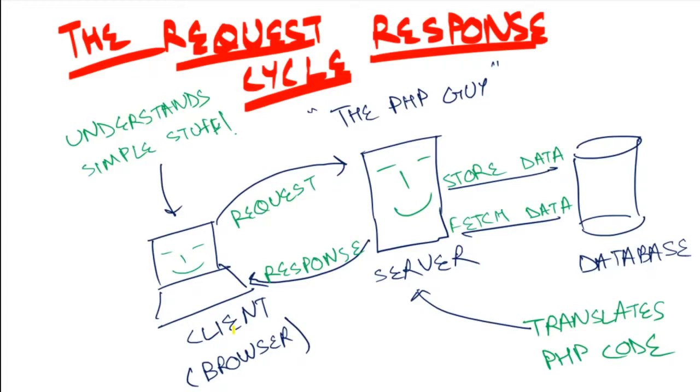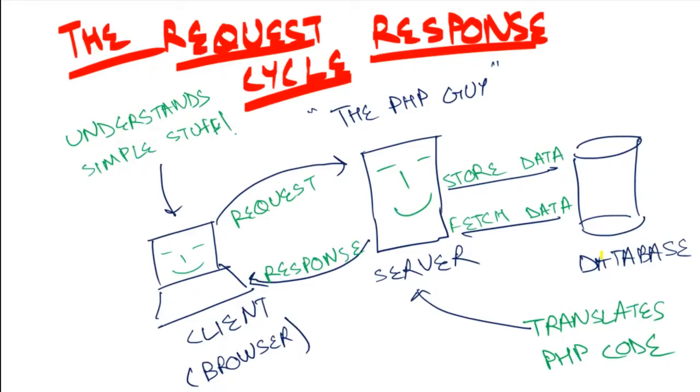But in this course we'll have to create this entire framework on our systems, so that we can develop PHP code locally. And what I mean by that is we're going to have the client on our machine, and also we're going to have the server on our machine, and that's why we're going to install Apache. It's going to do that job for us. And we're also going to install the database software MySQL, right?